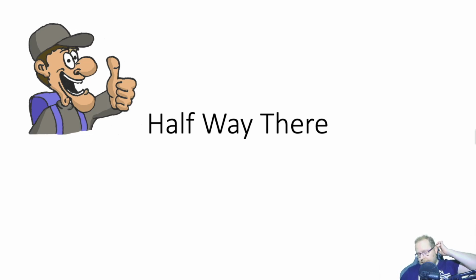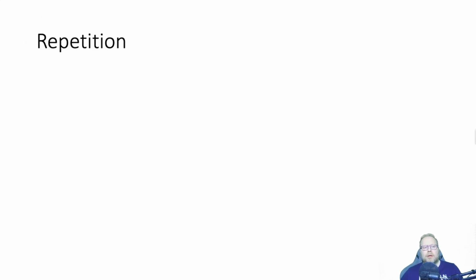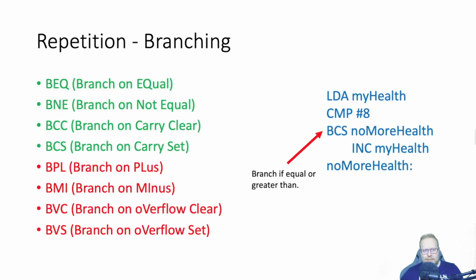So we're going to do what we have done in all of these videos. We're going to start with a quick repetition. Last time we talked about branching, a whole lot about branching. That's a pretty big topic.